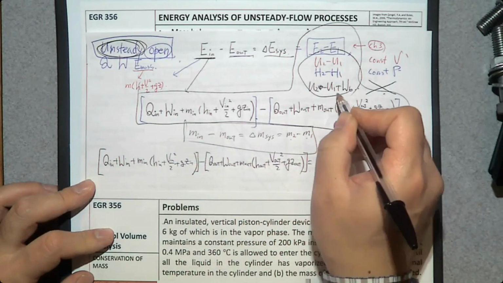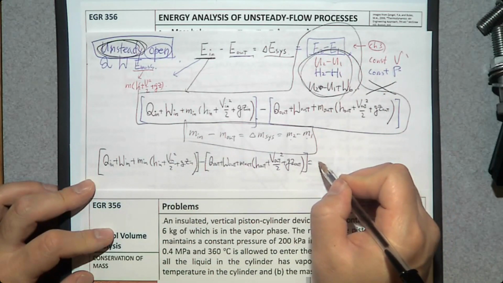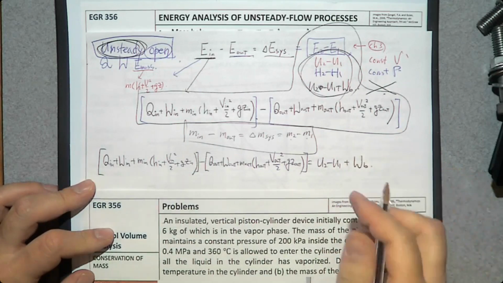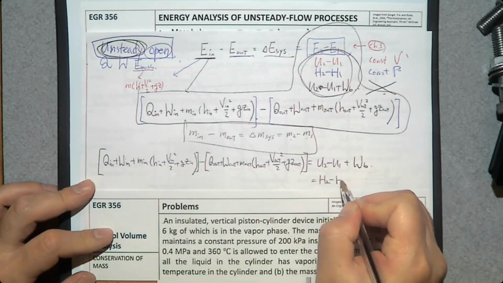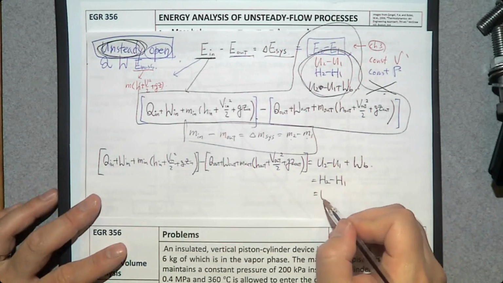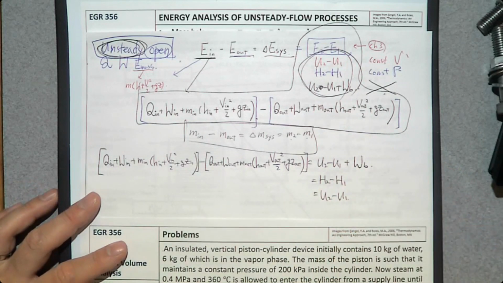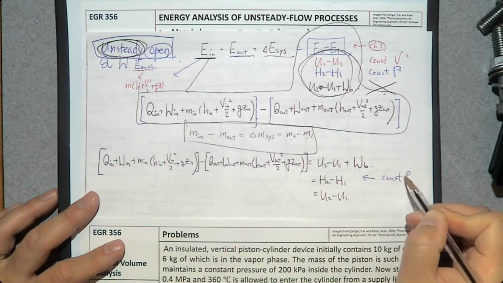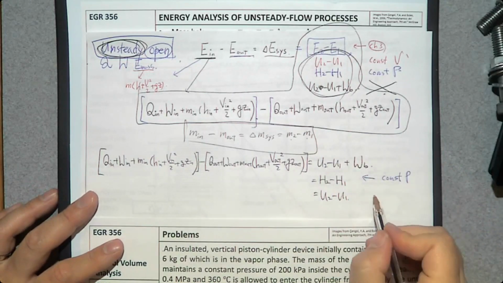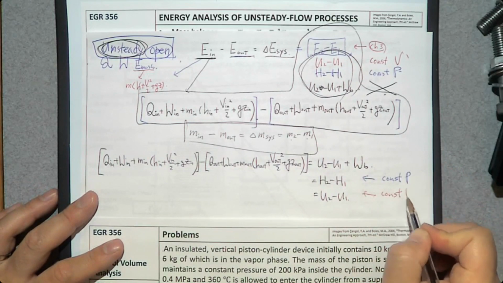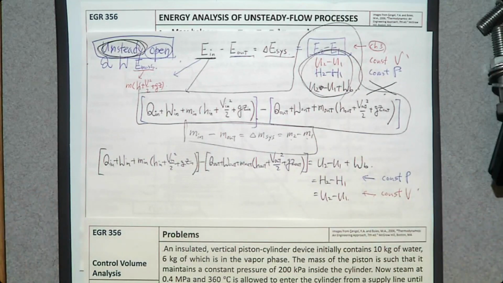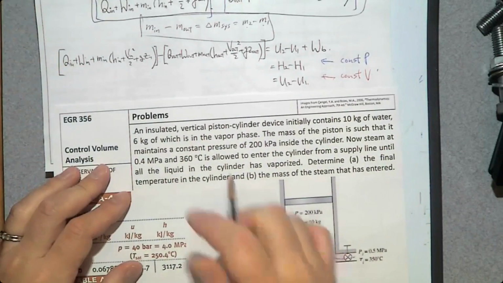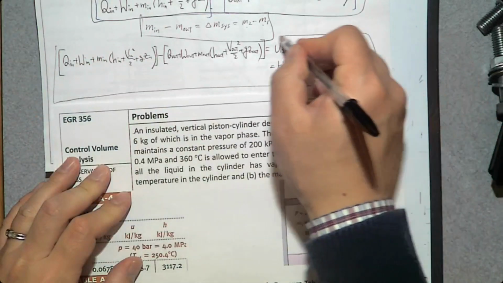It's going to be U2 minus U1 plus moving boundary work, or H2 minus H1, or U2 minus U1. The H2 minus H1 one is constant pressure, and the U2 minus U1 one is constant volume. Okay, so that is the energy balance equation. Based on that, let's solve this problem together.